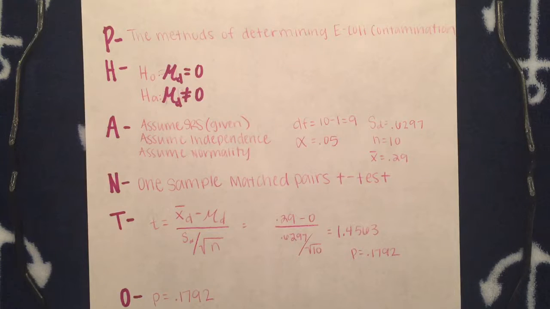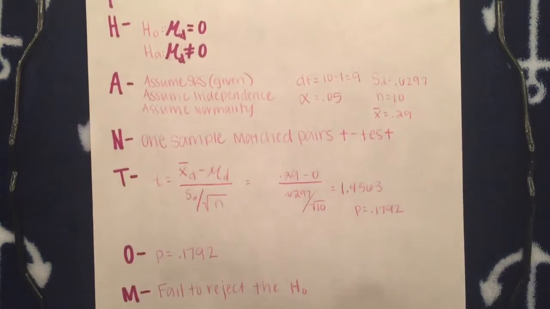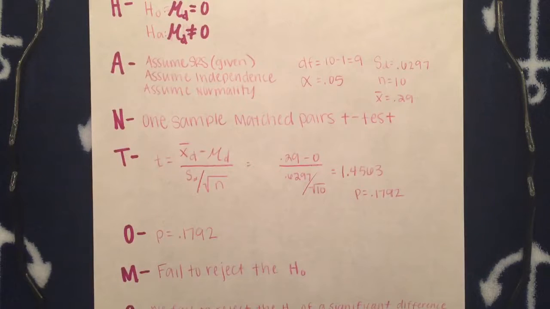So the test that we're going to use for this problem is a one sample matched pairs t-test. The equation for the one sample matched pairs t-test is t equals x bar minus mu over the standard deviation divided by the square root of n.